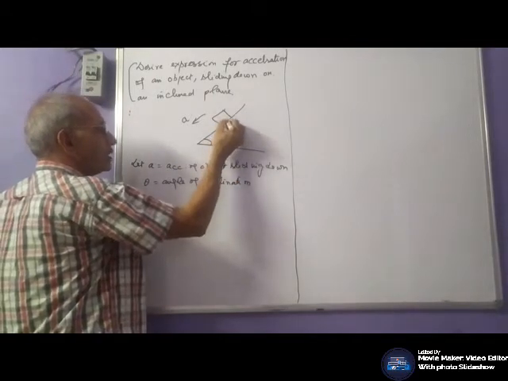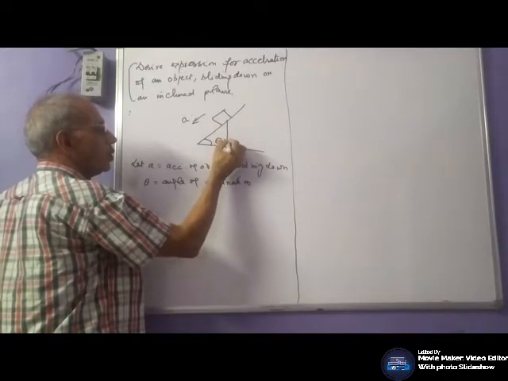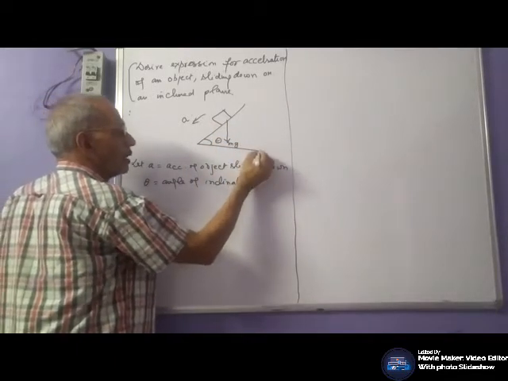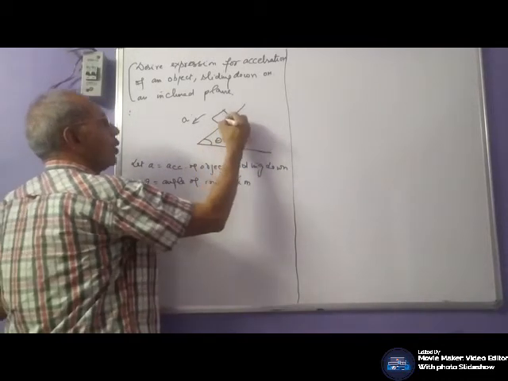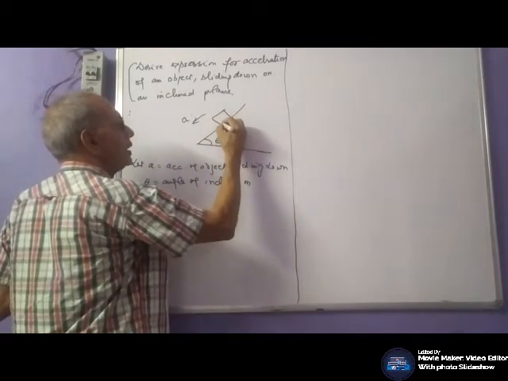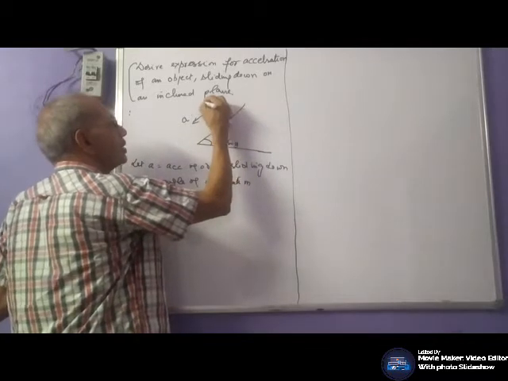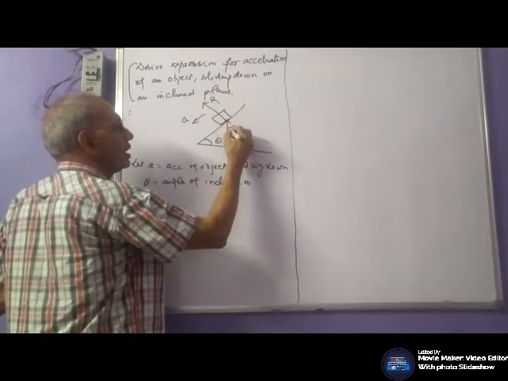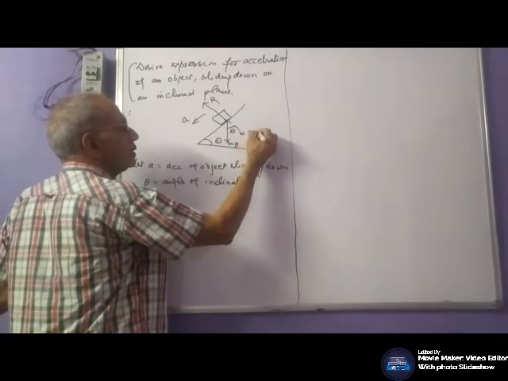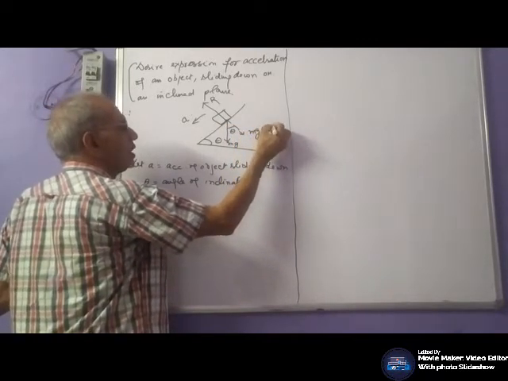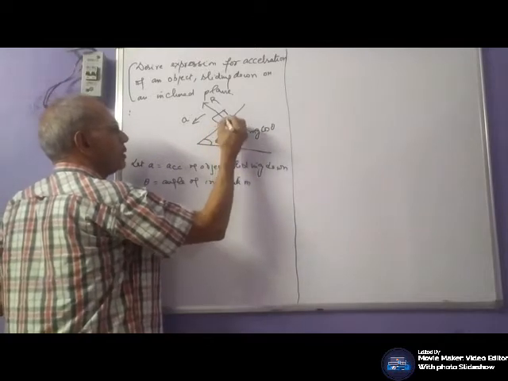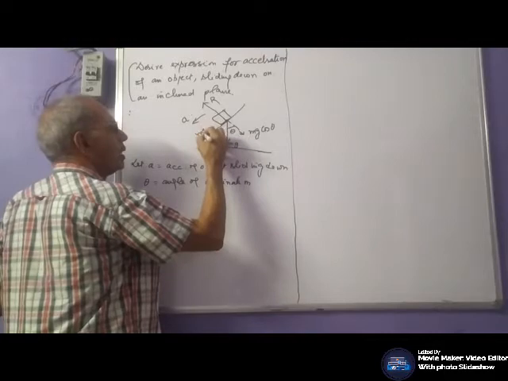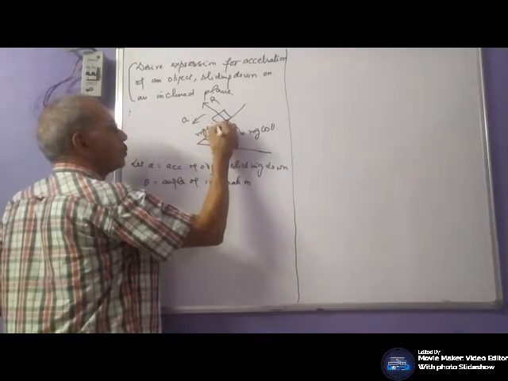Weight always acts downward, perpendicular to ground. This is ground. Normal reaction always perpendicular to surfaces in contact. So this will be theta, this will be mg cos theta, this will be mg sin theta.